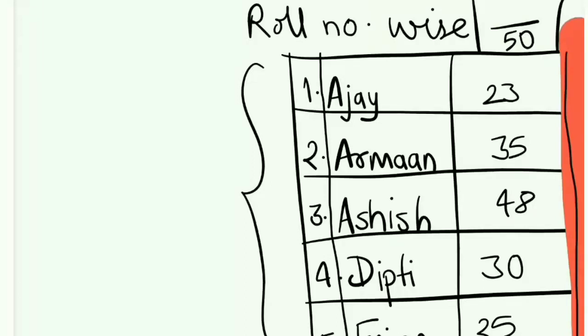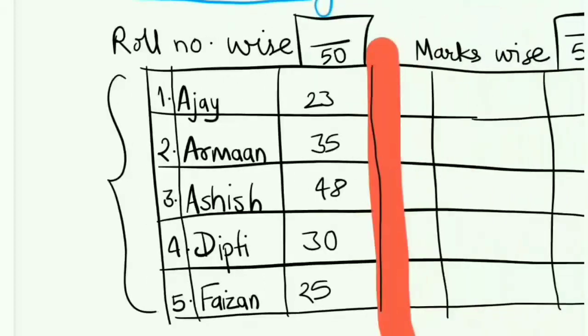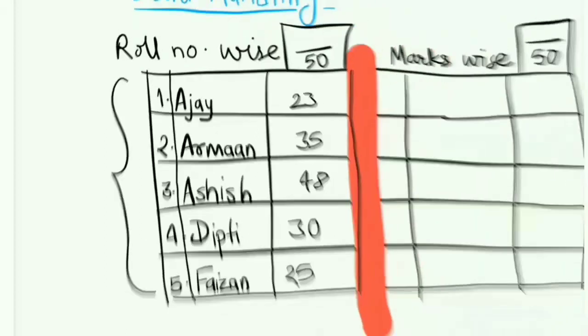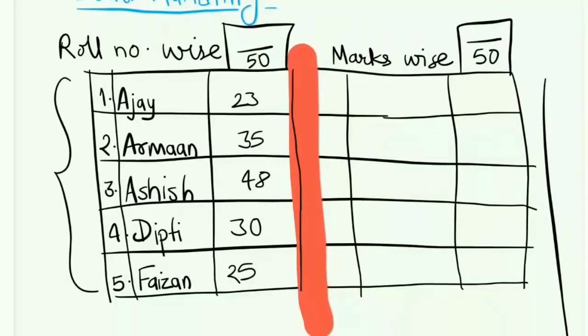Now, one look at this list will tell you that Ashish is highest in these 5 students. But if I had something like 50 students, would it be that easy to determine which one is the highest student? No. So what we do next is we arrange these students by marks obtained by them.